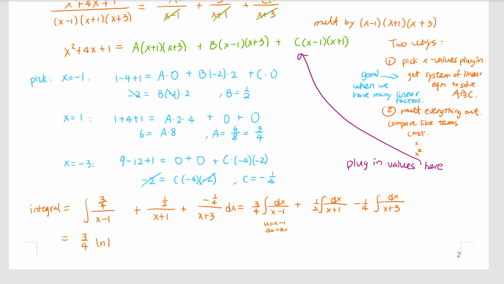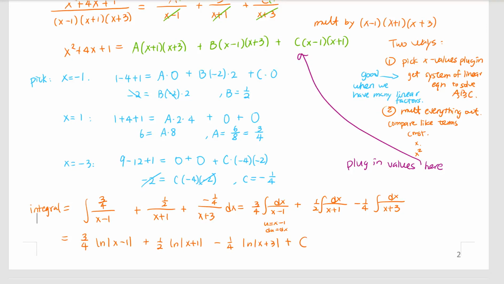So this is the absolute value of x minus 1. And for the second one, u is x plus 1, so we still have du is dx. So the integral of that is ln of absolute value of u, but my u now is x plus 1. And then for the last one, we have ln of absolute value of x plus 3.